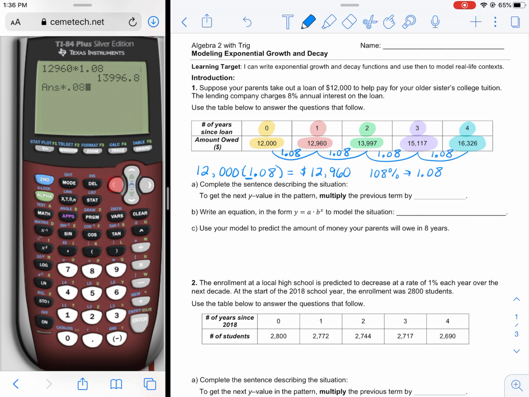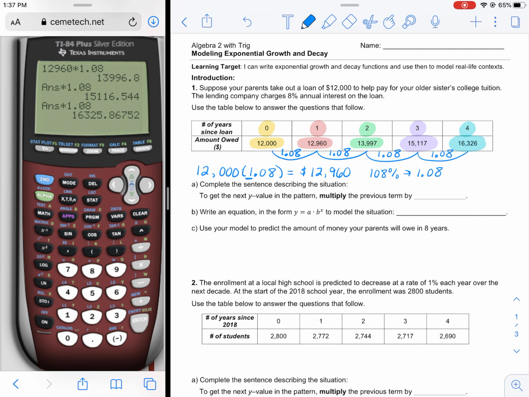Multiply by 1.08 again. There's your 15,117. And multiply that by 1.08, and you get the final, after 4 years, 16,326. And notice if we keep multiplying, we can keep figuring out the predicted value of the loan.